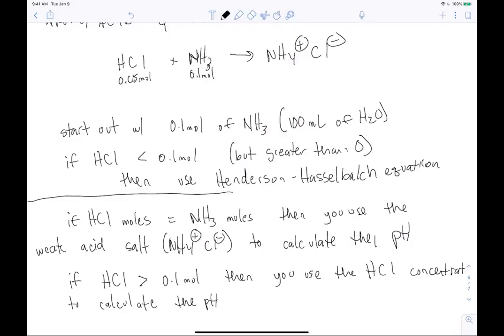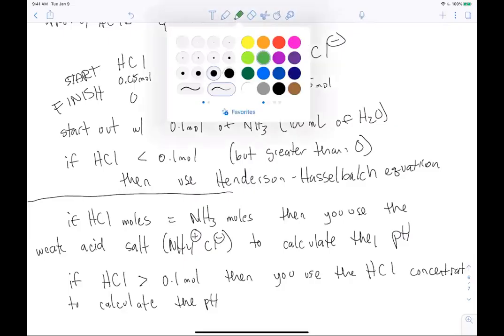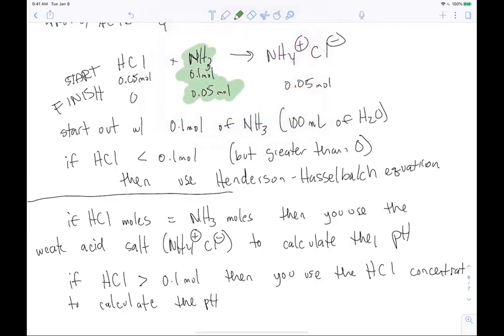At the end of the reaction, you'll have 0 of this, but you'll have some amount of ammonia and you'll have formed some amount of its conjugate acid. So you have a base with its conjugate acid, which is our definition of a buffer, a conjugate acid-base pair. So here you're in a buffer.